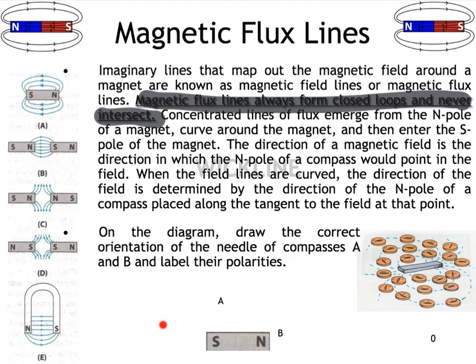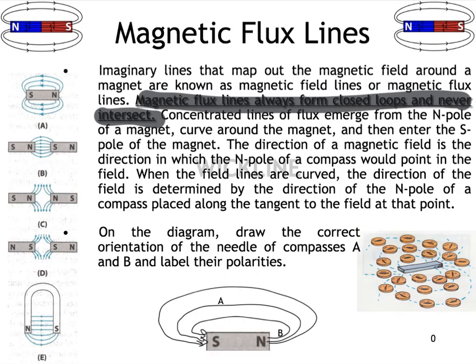So we're going to form some closed loops, and the directions of those closed loops are going to be determined by my knowledge of the north and the south pole of the magnet. So those were just some examples of field lines that I would draw in using the rules discussed.